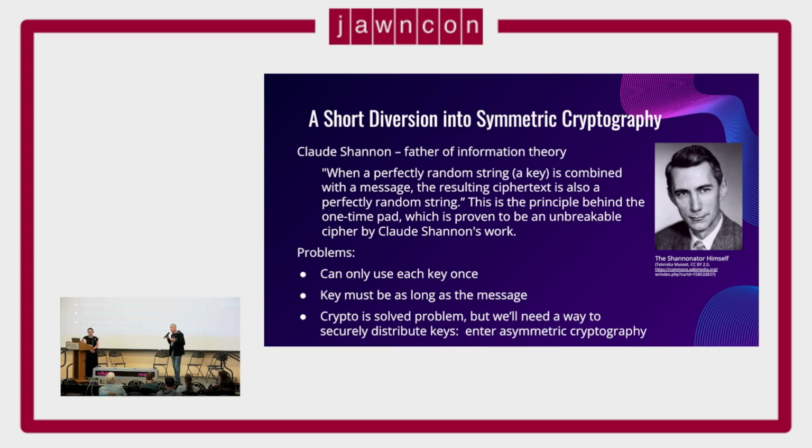The key must be as long as the message, and so you'll need to figure out how to distribute the keys securely. That gets us back to asymmetric cryptography. You can use a shorter key to generate a random stream or key stream and use that to XOR with the message. That is not provably secure, but is generally considered to be secure.